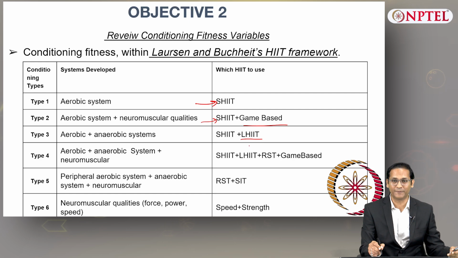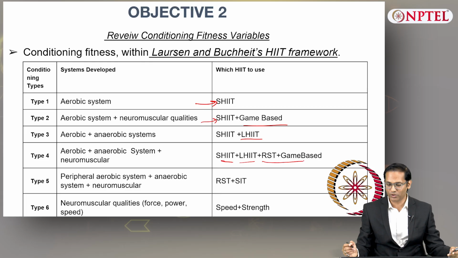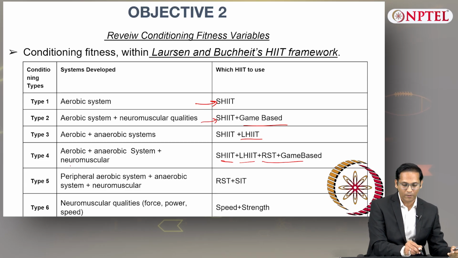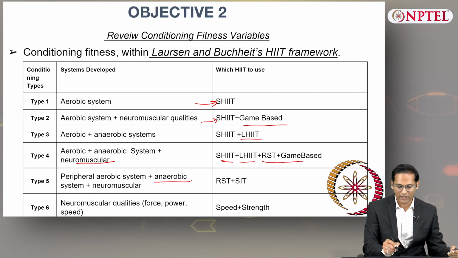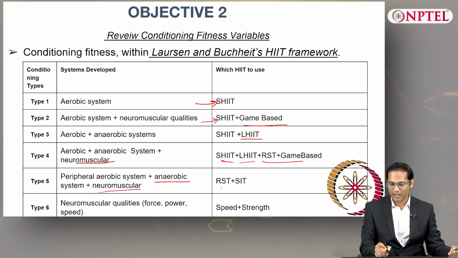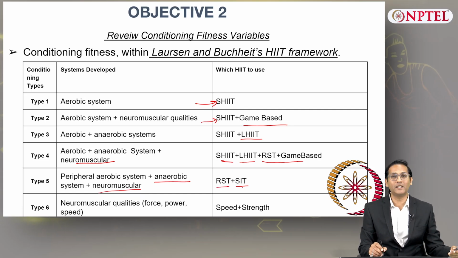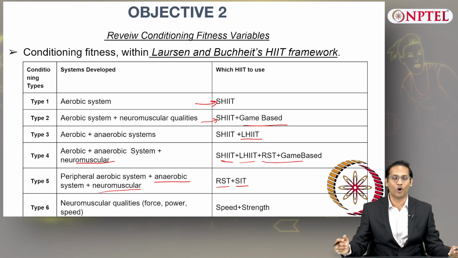If you want to develop anaerobic conditioning with neuromuscular conditioning, along with long HIIT, which represents anaerobic, and short HIIT, which represents aerobic conditioning, you introduce RST, that is repeated sprint training, and game based to improve the neuromuscular energy system. If you want to develop only anaerobic conditioning and neuromuscular conditioning, then you use repeated sprint training and sprint interval training as formats of HIIT.